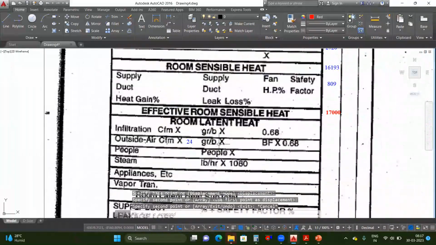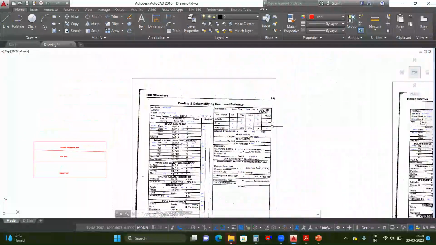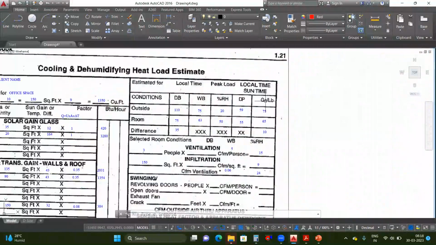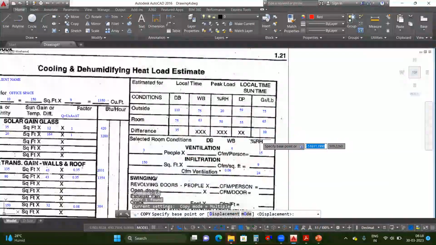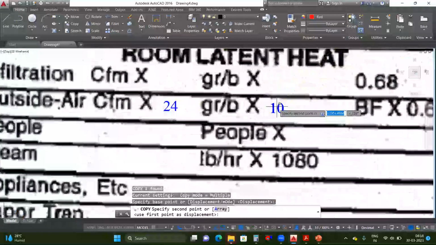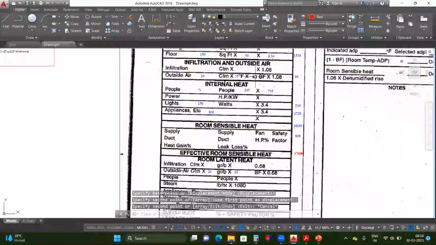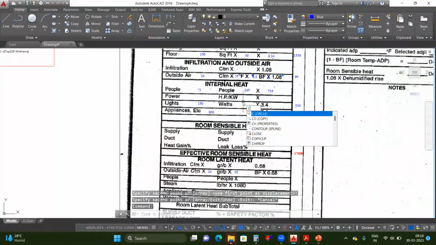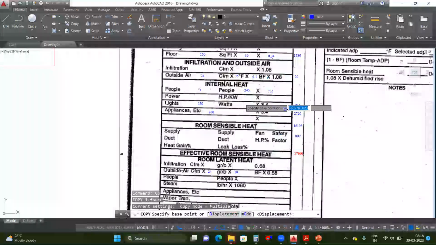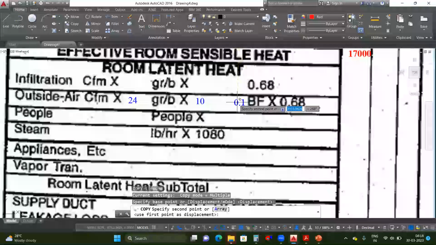And the next one is grains per lb, the humidity ratio. The difference in humidity ratio, how much we got here, in grains per lb, is 75 minus 65, which is 10. We will place it here. The bypass factor we have already taken. What is the bypass factor here? 0.1. I'll place it here.